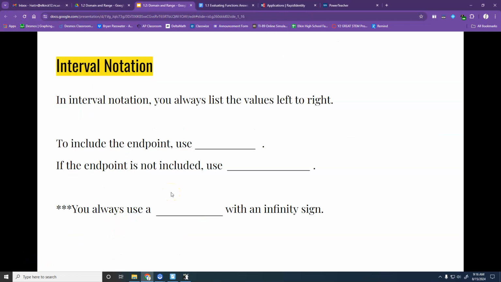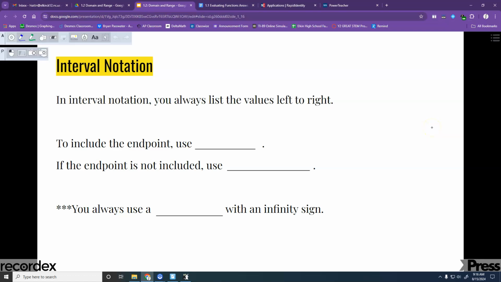We also are going to learn about interval notation, and I'm not sure if you've seen interval notation before. So in interval notation, you always list the values left to right. To include the endpoint, you are going to use brackets.